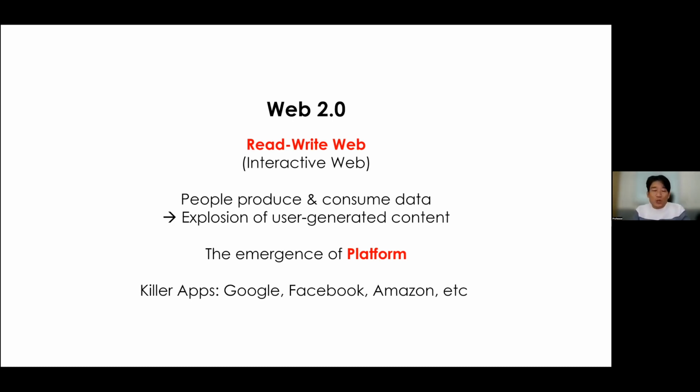So we can see the explosion of contents from users. We called them user-generated contents or user-created contents, UGC and UCC. And these contents were stored on platforms like Google, Facebook, Amazon, YouTube, Instagram. So those services were killer applications at the time.